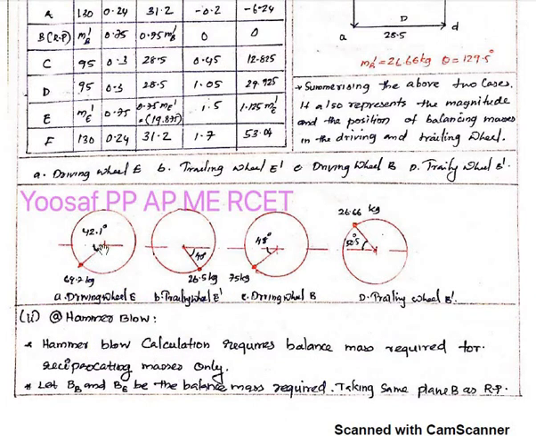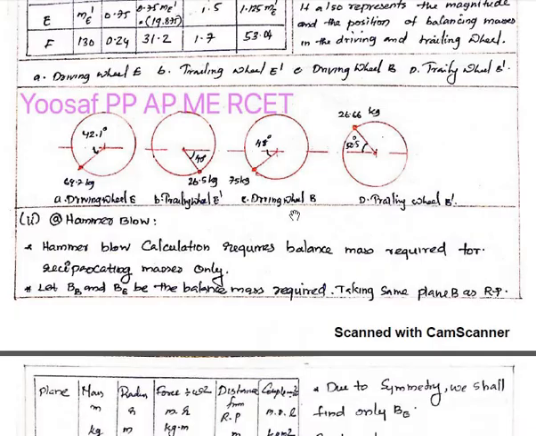For the trailing wheel it will be 40 degree to OD, or 320, 26.5, for the trailing wheel E. This case E we can consider as the first position, and for the second position, the second balancing mass, the driving wheel mass is 75 at an angle of 48 to the horizontal, and the trailing wheel B dash is 26.6. This is the conclusion or summarization of the balancing mass.